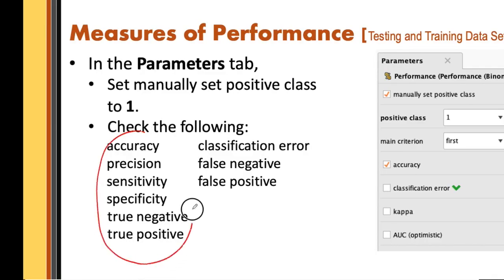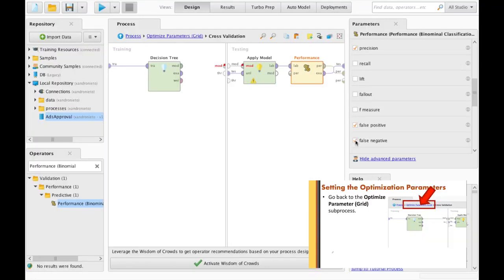Consider that these performance indicators are measures of accuracy, which indicates that the higher their values, the better. Whereas these performance indicators are measures of error, which indicates that the lower their values are, the better. Now let's go back to the optimized parameter grid sub-process.